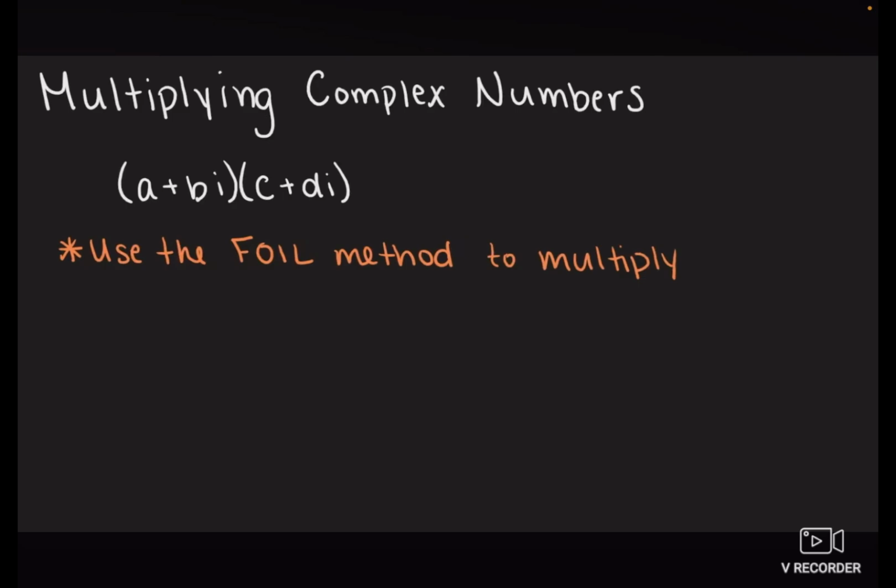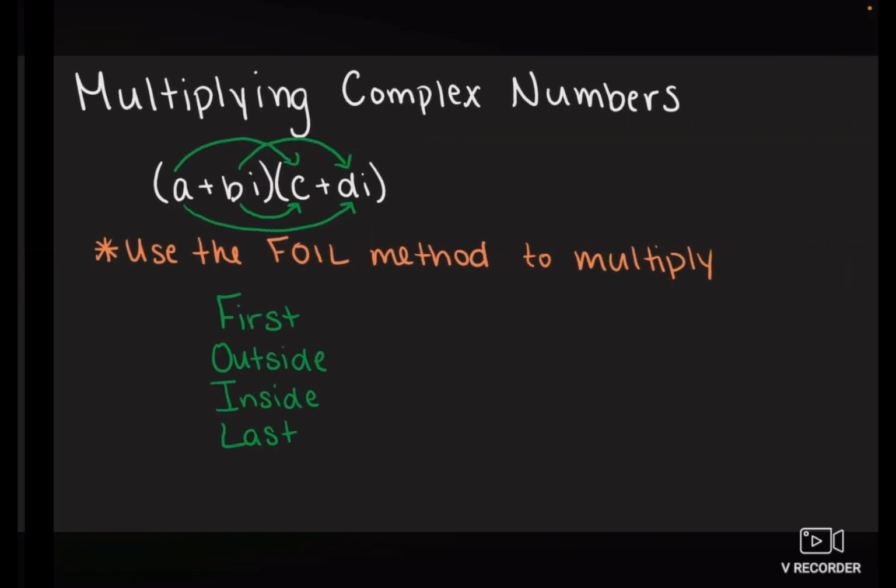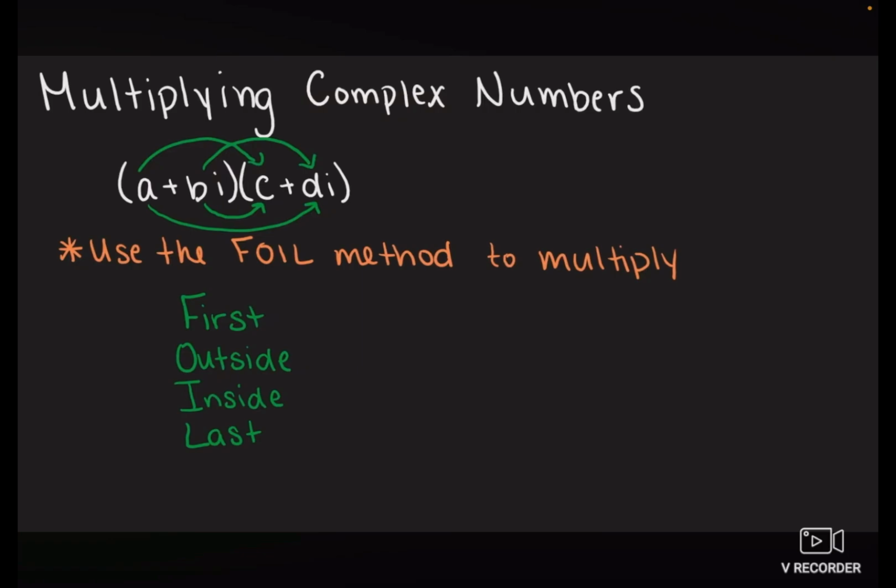Next is multiplying complex numbers. A plus bi times c plus di. For multiplication, we use the FOIL method, which is first, outside, inside, last.